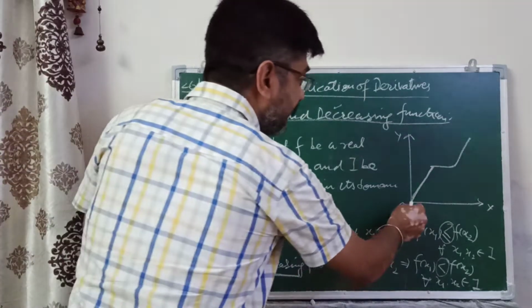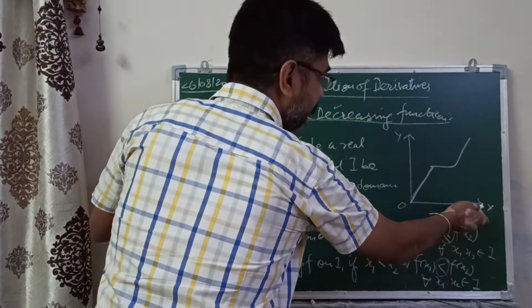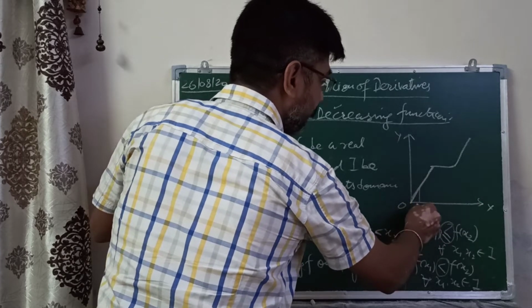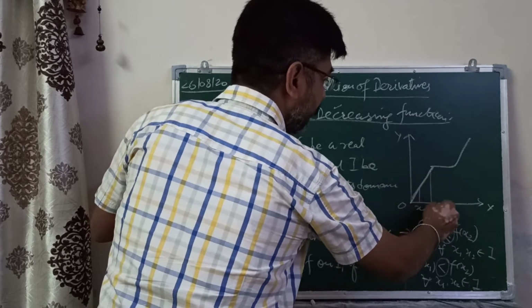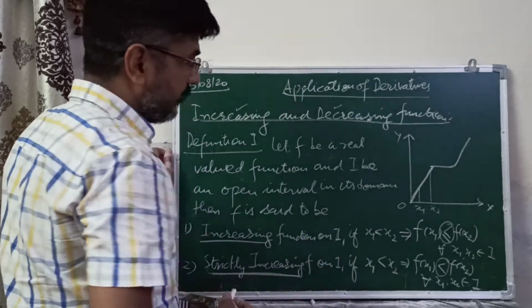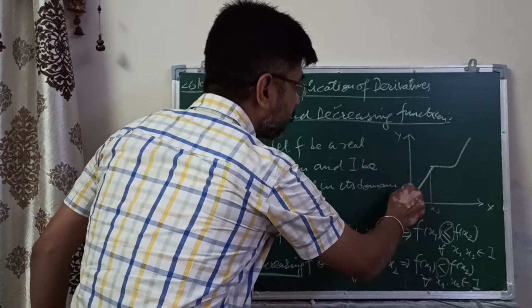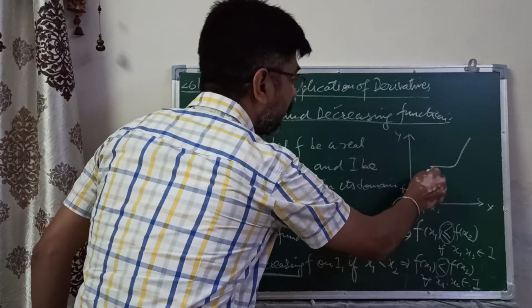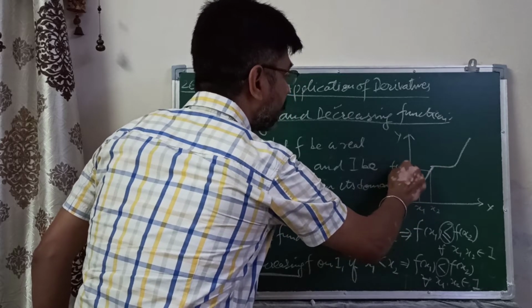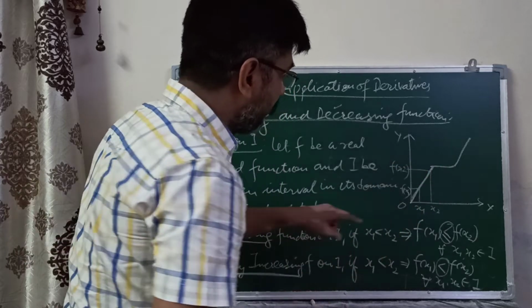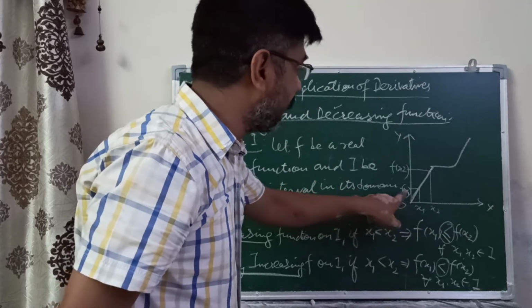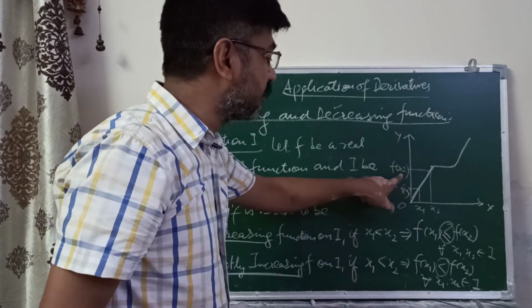Now if x increases, we are going to take this x1 and this x2. Okay, x1 is smaller than x2, then this is fx1 and this is fx2. Now x1 is less than x2, then fx1 is also less than fx2.